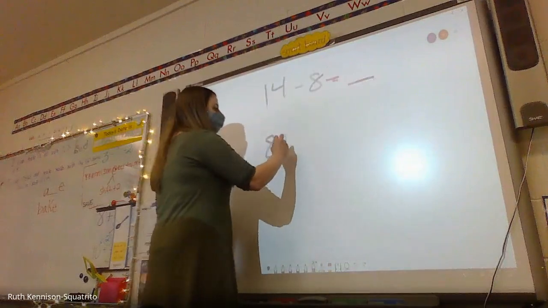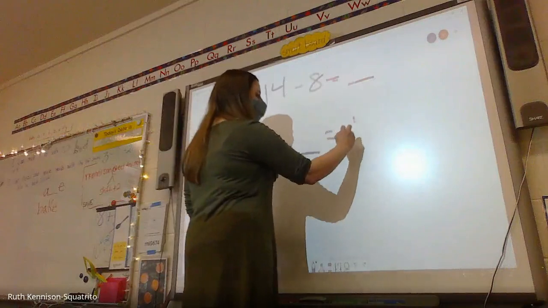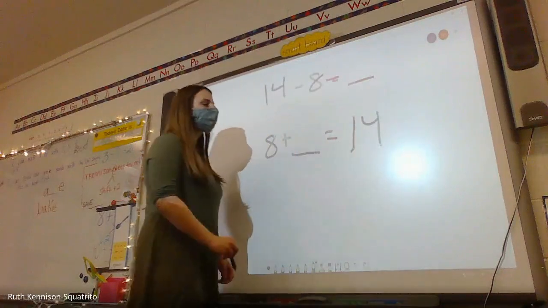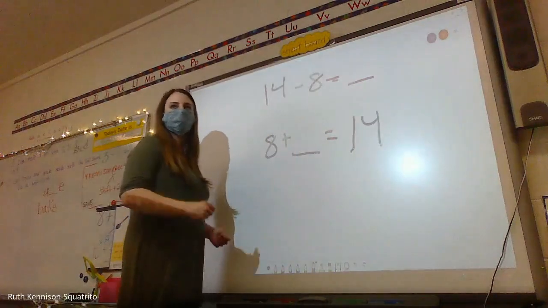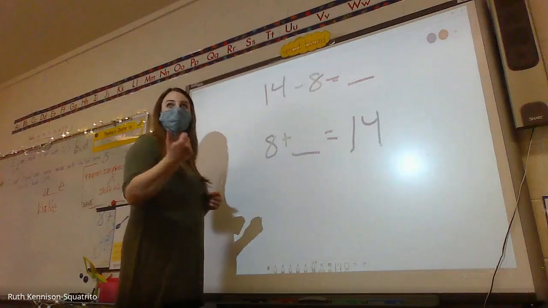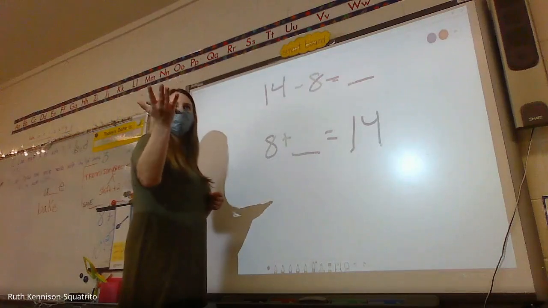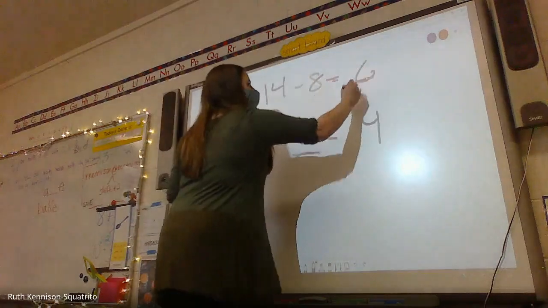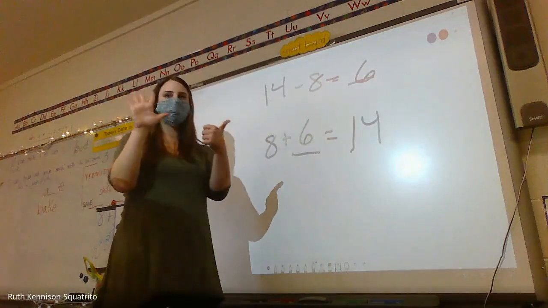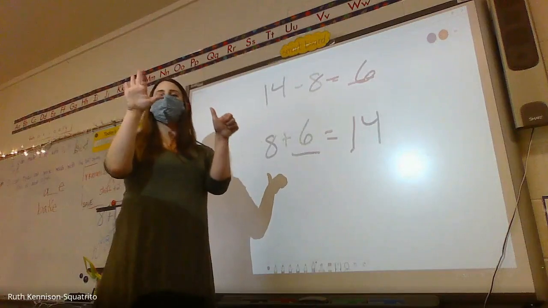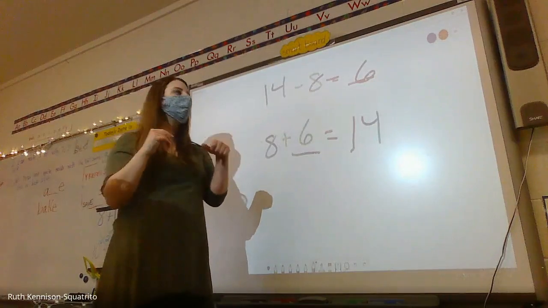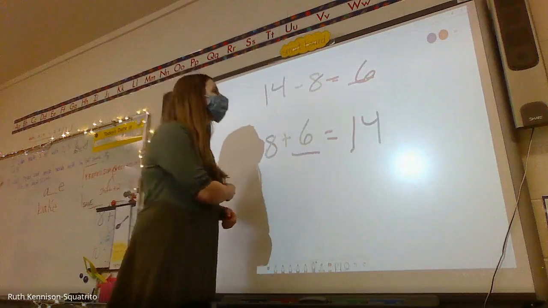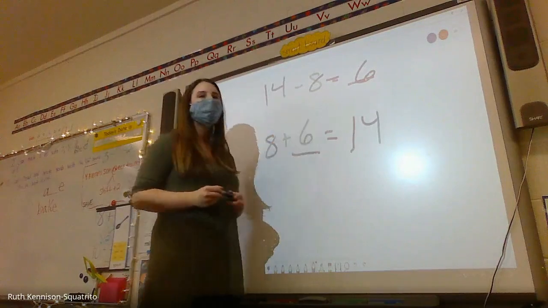Right? 8 plus blank equals 14. And that's when we solve for that counting up, 8, 9, 10, 11, 12, 13, 14. We got 6. 8 plus 6 equals 14. Just like 14 minus 8 equals 6.